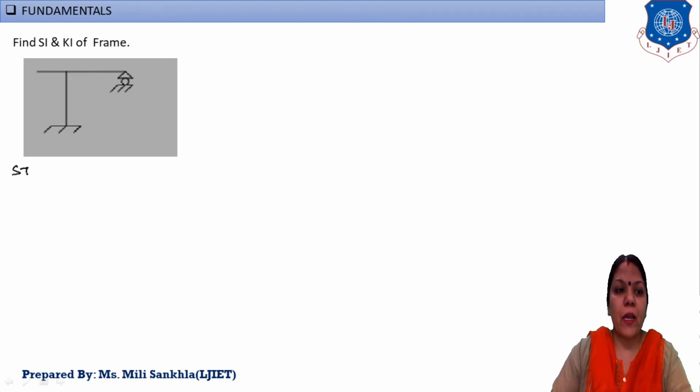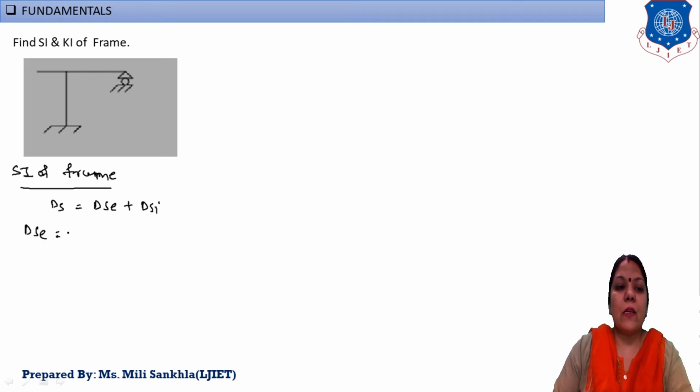So make a heading SI of frame. Okay, now SI of frame, equation DS is equal to DSE plus DSI. Okay, what is the equation of DSE? DSE is equal to capital R minus small r, and DSI is equal to, here no internal hinge is given, so our equation is equal to 3C.